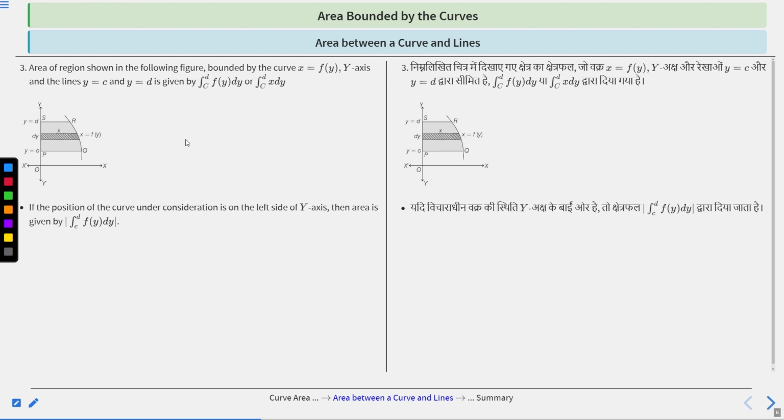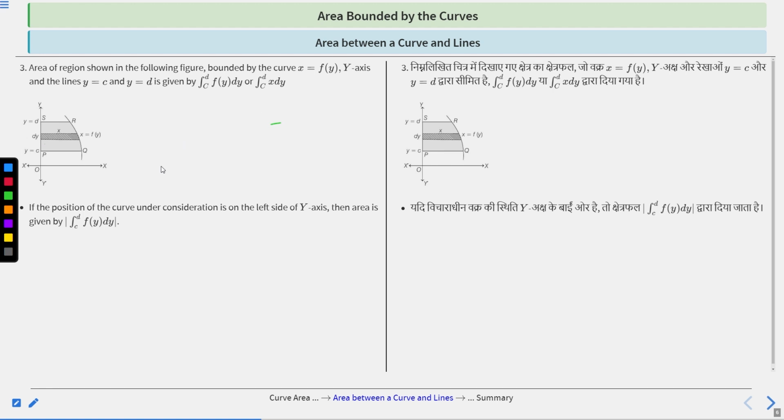If any curve is of the form x equal to f(y), with the y-axis and the lines y equal to c and y equal to d, previously the line was vertical, but here the line is horizontal. We have to calculate the area of this shaded region between the curve and these lines. Then the area is calculated by the integration of c to d f(y) dy, or the integration of c to d x dy.